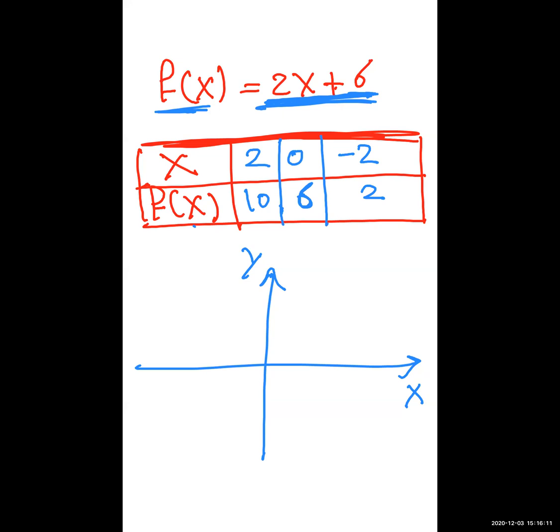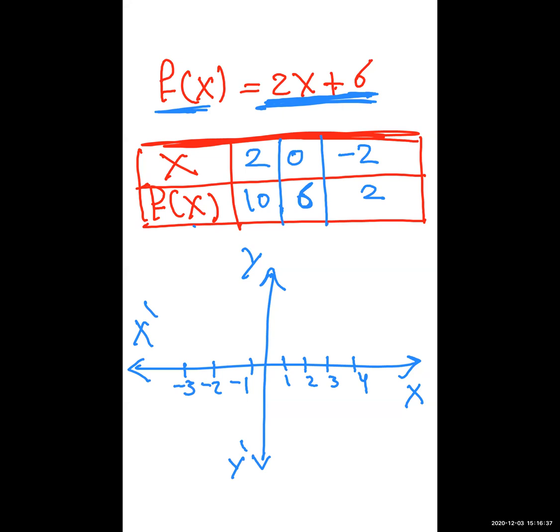So x here, and this one x dash and y dash. Okay, so the maximum value for x, we said that it will be 2, 0 and negative 2. So 1, 2, 3, 4, negative 1, negative 2, negative 3, enough.